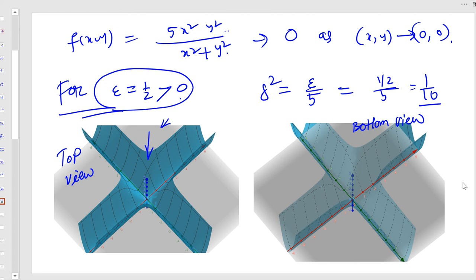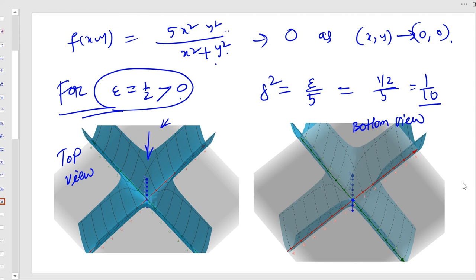So this function is not defined at the point (0, 0), but (0, 0) is a limit point: the function is approaching it, but not matching. Similar to the concept of an asymptote, they may look like they are intersecting each other, but if you zoom in, they will not intersect.